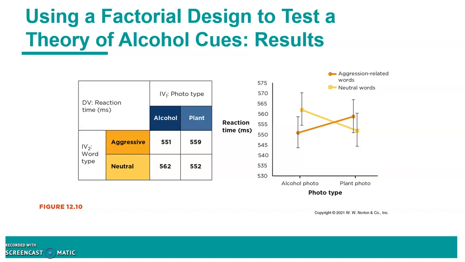Like the example here is if the mental representation that we have of the stereotype of alcohol causing aggression leads you to then be more prone to aggressive thoughts or recognizing aggressive words in this case, after just seeing an image of alcohol versus a plant. So this would be an interaction that does support that theory that people cognitively associate alcohol cues with aggressive concepts.